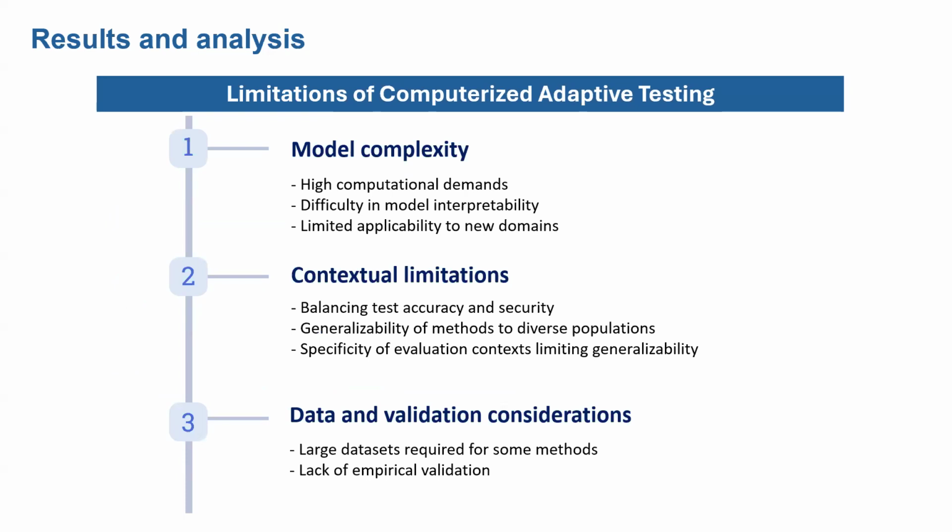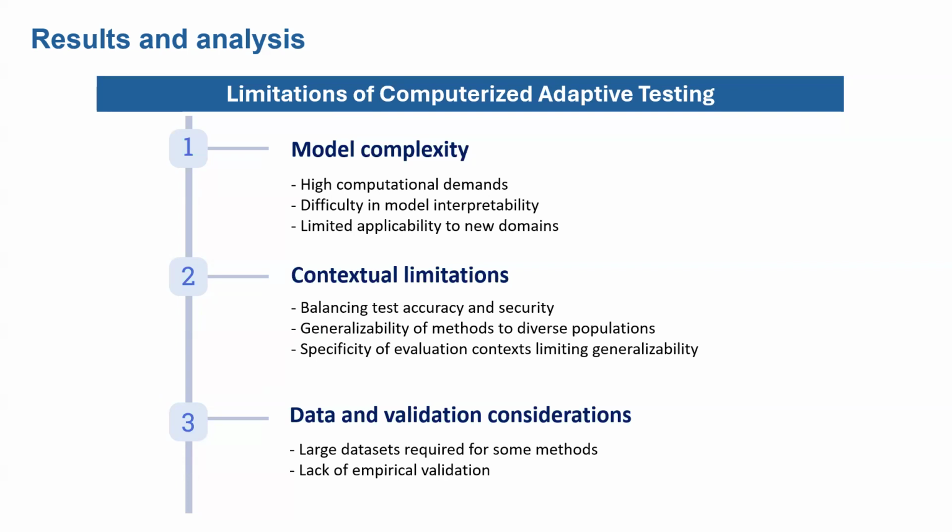Limitations of computerized adaptive testing. CAT faces several limitations, including model complexity, contextual considerations, and data validation. Model complexity poses problems such as high computational requirements, which prevent real-world application, and difficulty in model interpretation, which limits transparency and improvement.